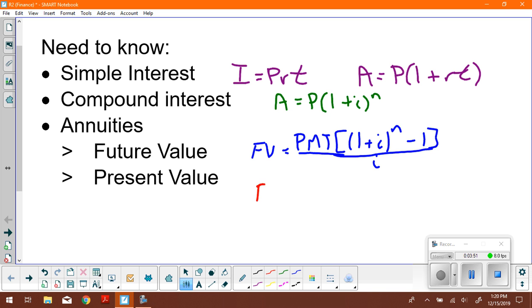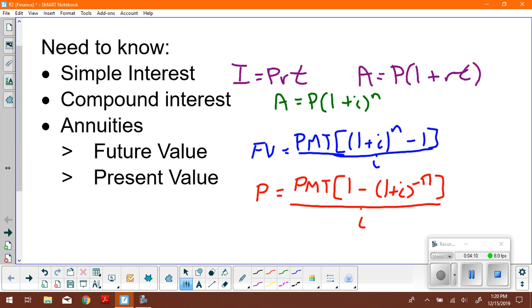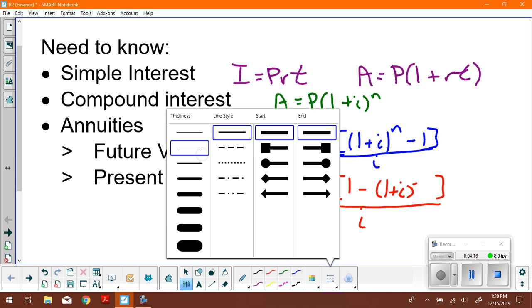Its formula is PV equals PMT times (1 minus (1 plus I) to the negative N) all over I. So those are the five formulas that we learned.